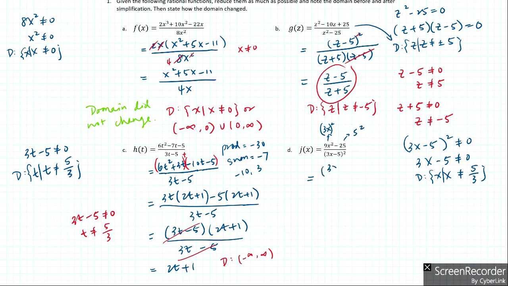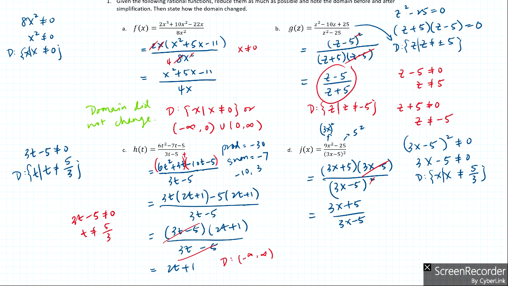So we can use a difference of squares to get 3x plus 5, 3x minus 5, all over 3x minus 5 squared. And as a result, we can cancel out a factor of 3x minus 5, leaving us with 3x plus 5 over 3x minus 5.